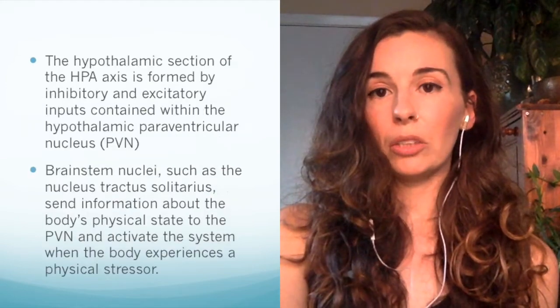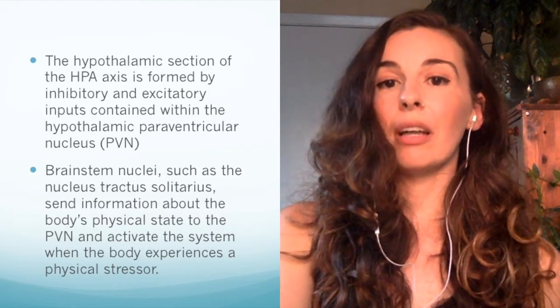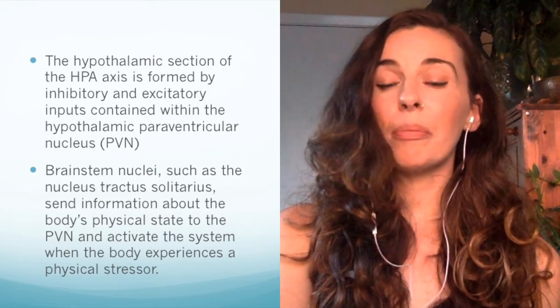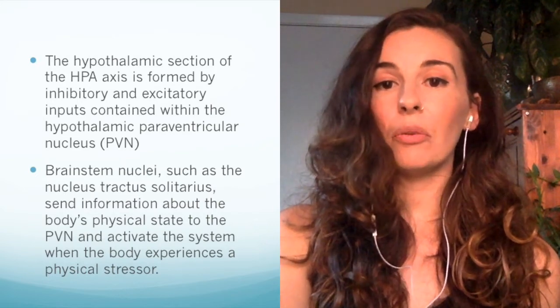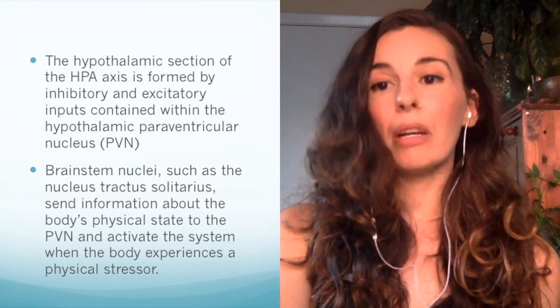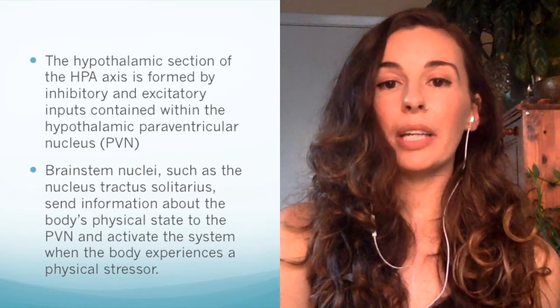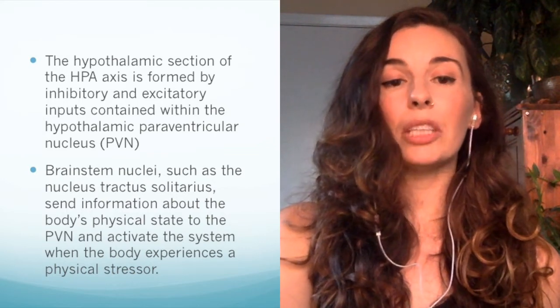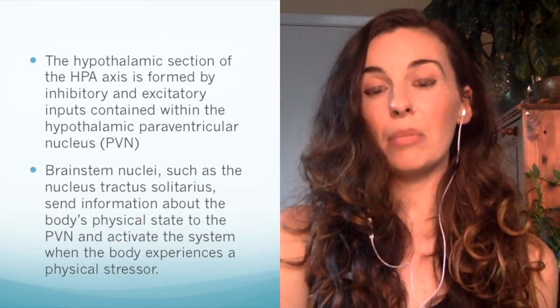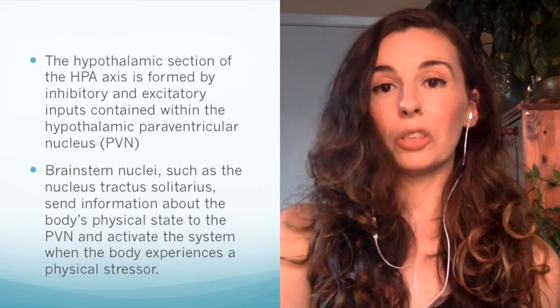and post-traumatic stress disorder. The hypothalamic section of the HPA axis is formed by inhibitory and excitatory inputs, which are contained within the hypothalamic paraventricular nucleus, or the PVN. Brainstem nuclei, such as the nucleus tractus solitarius, send information about the body's physical state to the PVN and activate the system when the body experiences a physical stressor.